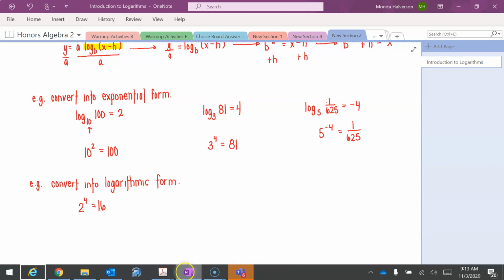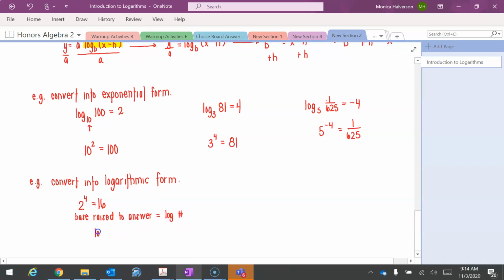Well, you should be saying base raised to the answer equals the logarithmic number. So the base is 2, the logarithmic number is 16, the answer is 4.